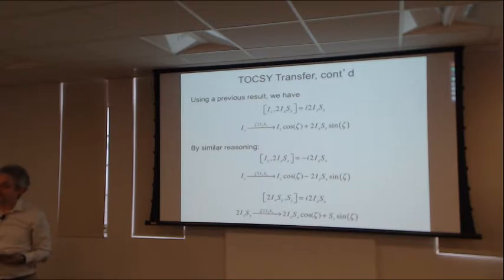So if we want to have evolution occur under the strong coupling Hamiltonian, we have to get rid of the chemical shift difference. The J couplings are whatever they are. So we have to eliminate all or most of the chemical shift difference between the coupled spins.